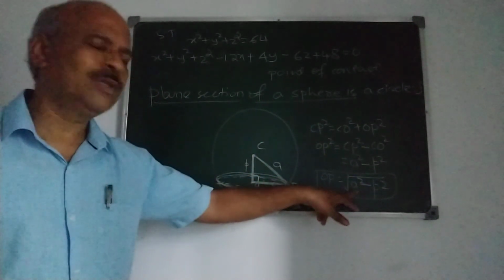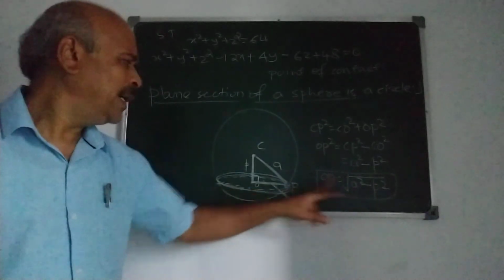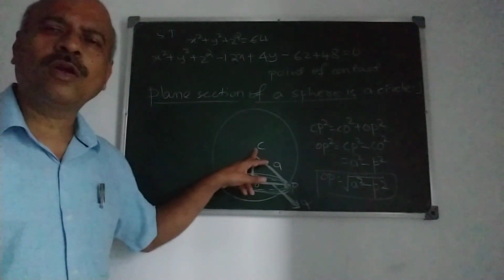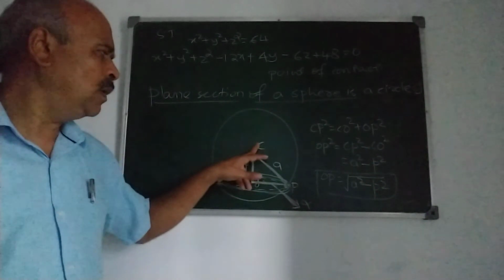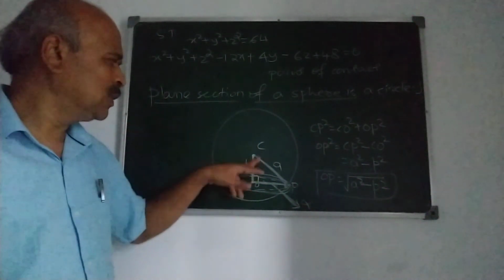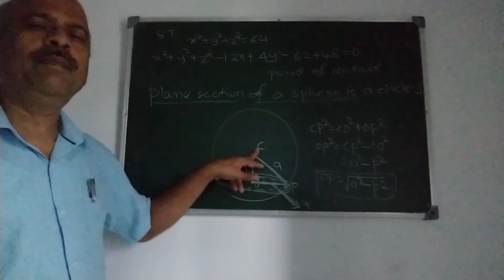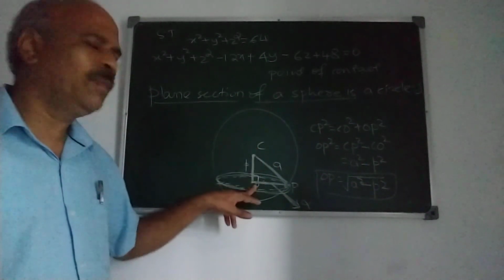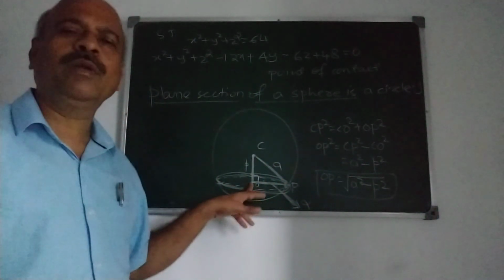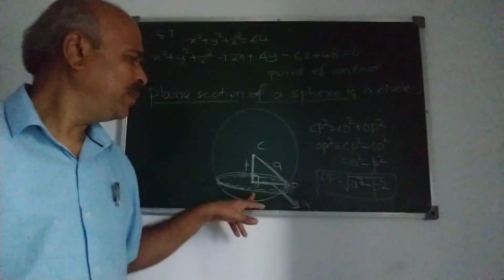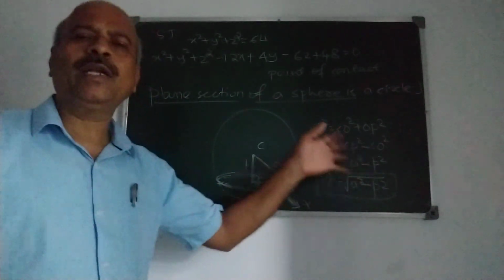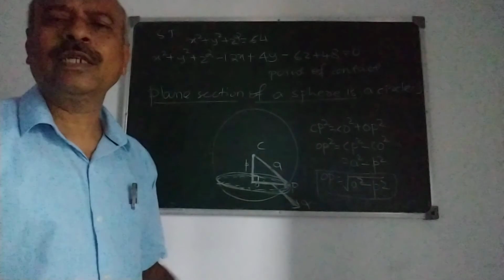And what is the radius of that circle? This is the radius. And the center of the circle is the foot of the perpendicular drawn from the center of the sphere to the plane. We can find out both the foot of the perpendicular from C to the plane and also root a square minus p square. So we can find out the center and radius of that circle.